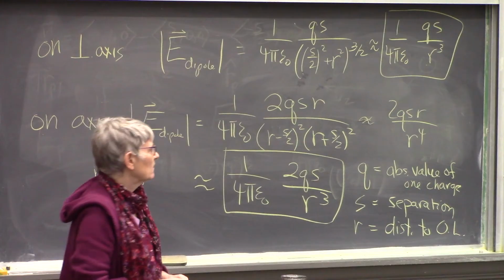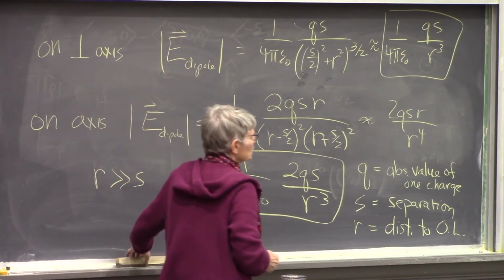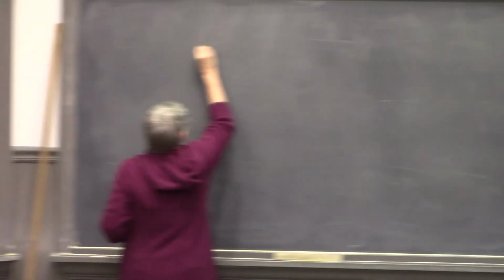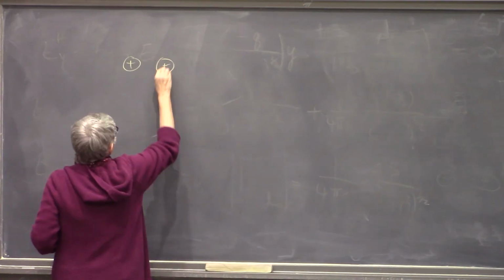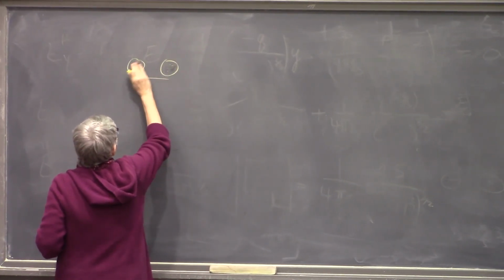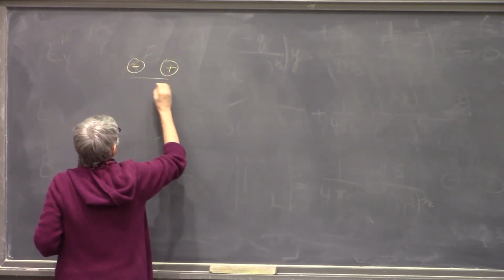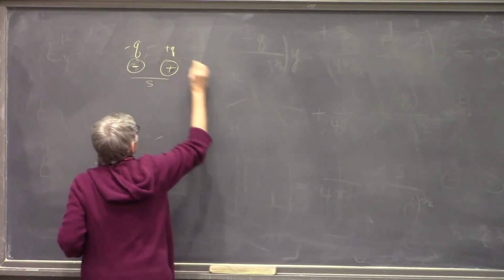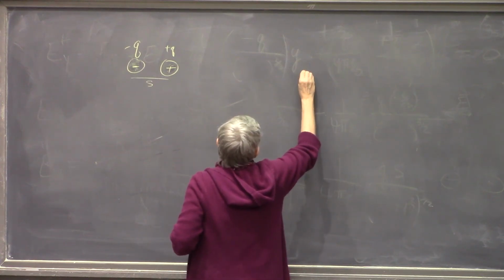So notice that these equations suggest two different ways to increase the field of a dipole. So suppose we have a dipole of separation S, charge minus Q and plus Q. We measure the electric field here.